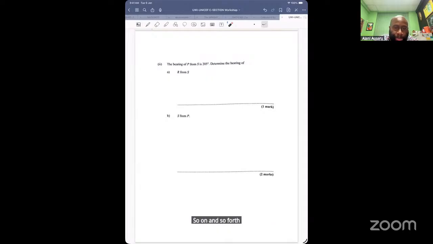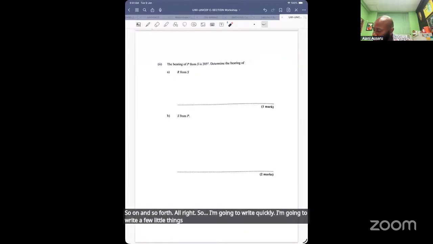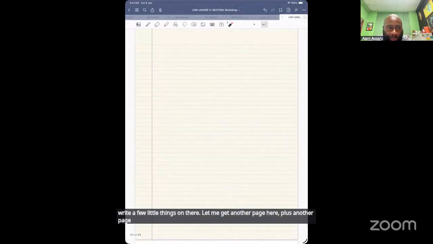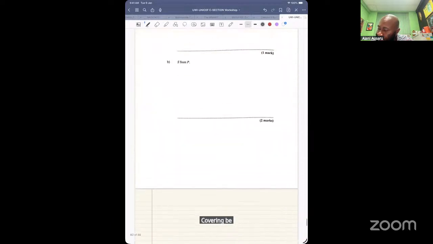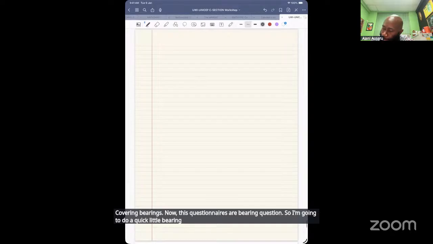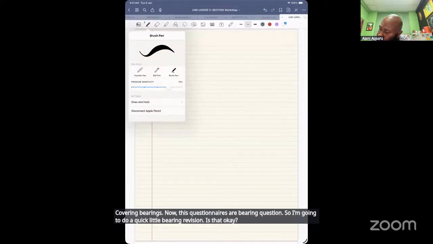I'm going to write a few little things on another page and make some notes quickly to remind us. I'm going to draw a picture here, because we're doing bearings now. This question is a bearing question, so I'm going to do a quick little bearing revision. Is that okay? Yes, sir.